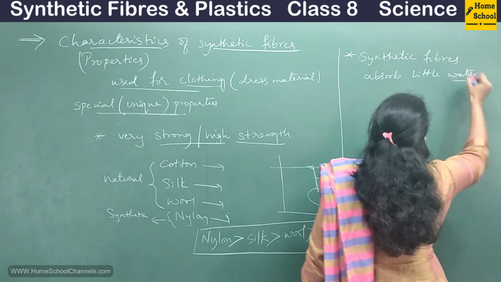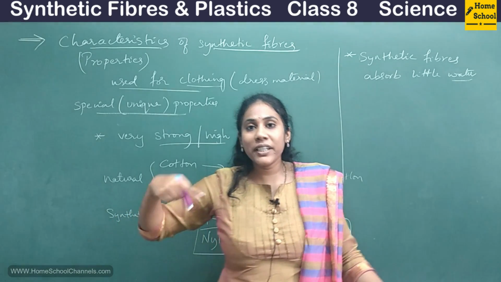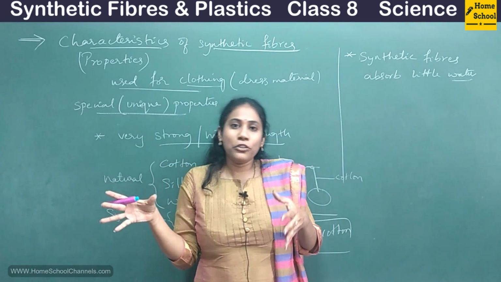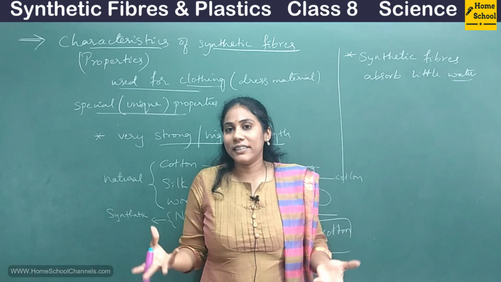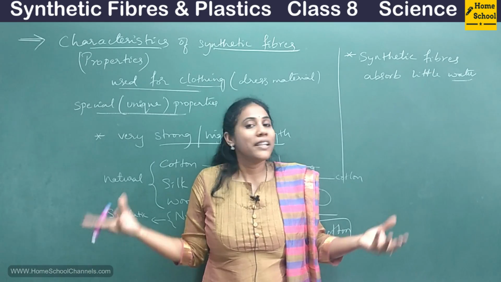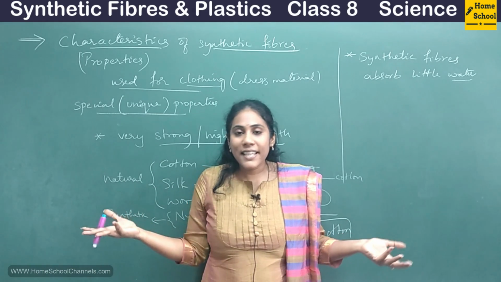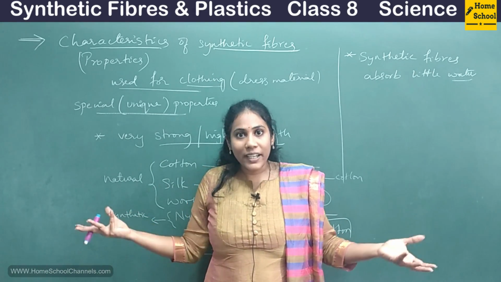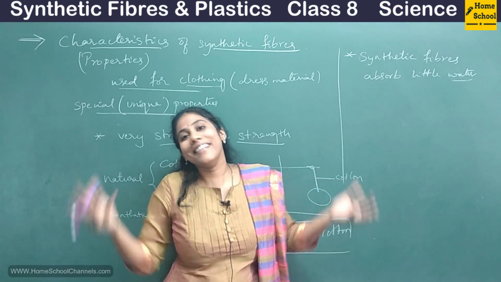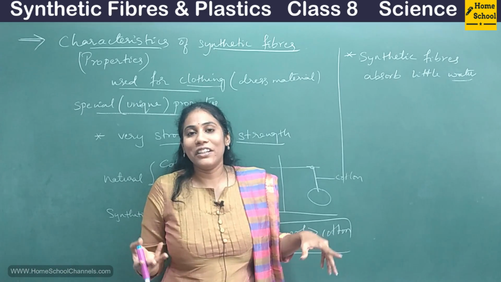For example, we use umbrellas during the rainy season, right? And when you touch an umbrella, you feel that it is made up of some cloth itself. But can you tell me which cloth it is made up of? It's not cotton, it's not silk, it's not even wool, right? So you feel the cloth is very different. What is that? It is made up of nylon, okay?